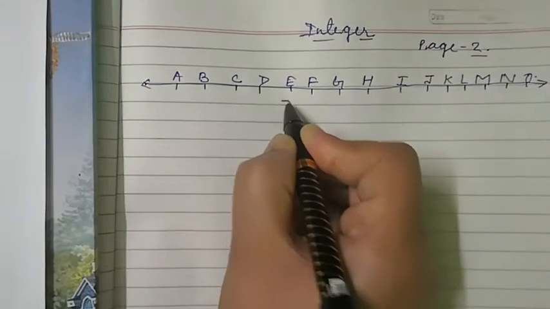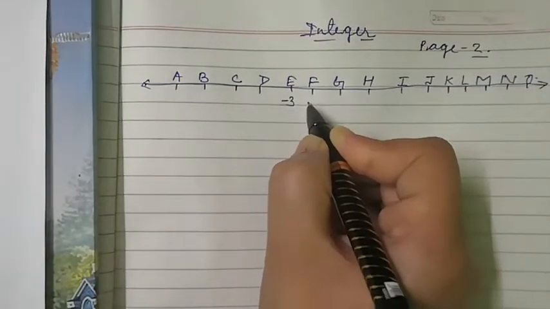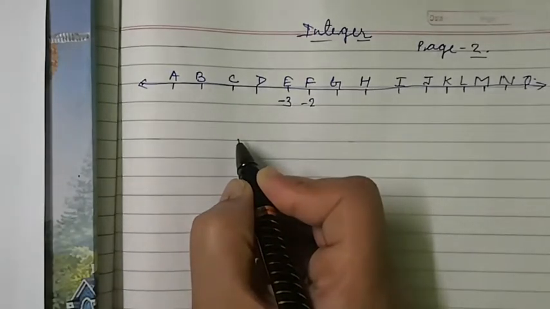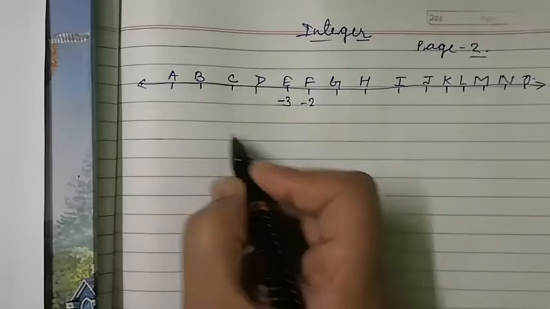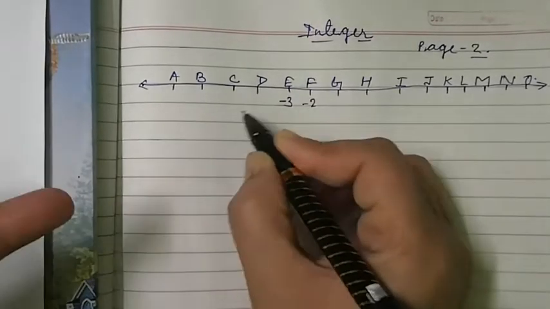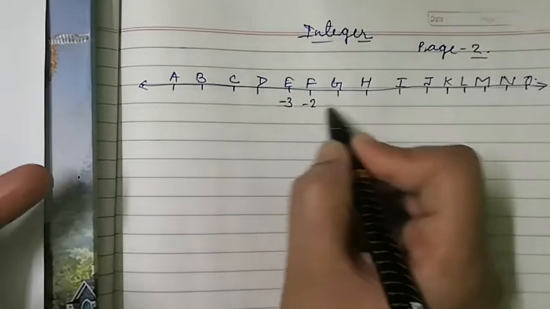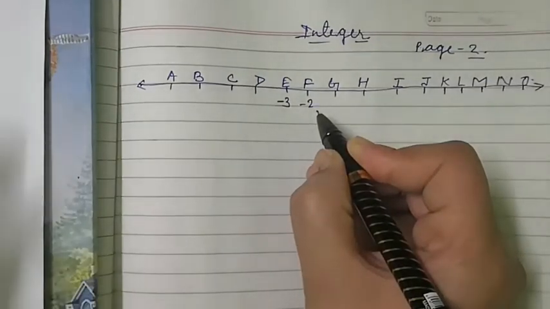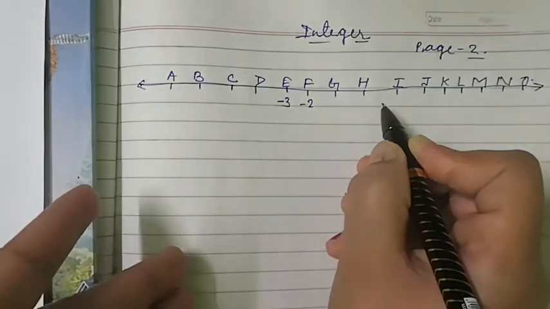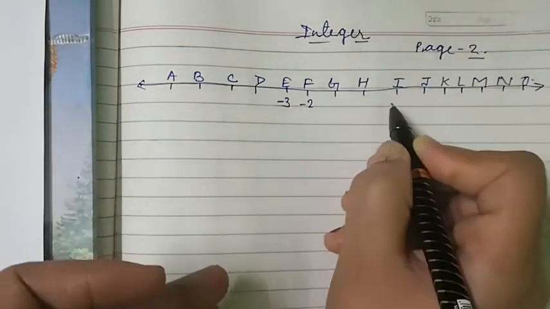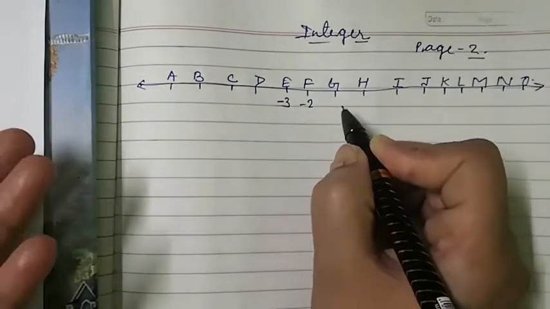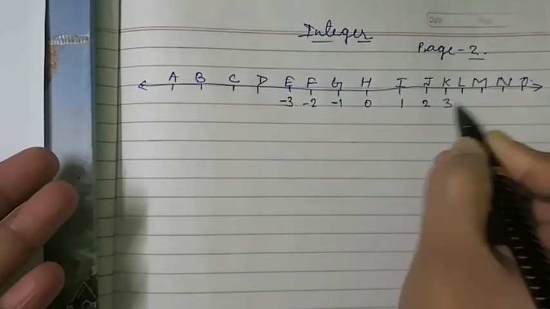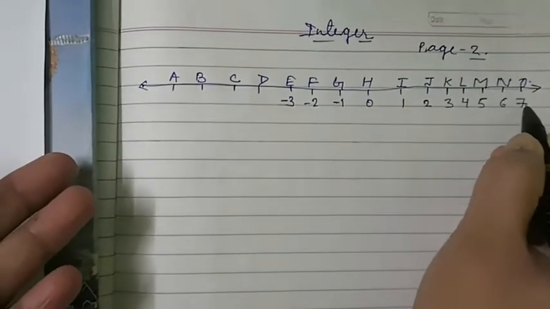In the question, -3 is given below E and -2 is given below F. Now the question is asking what numbers will be B, D, H, J, M and O. Let's complete the whole number line. As you already know from the previous video, when we go to the right side, the value of the number increases: -2, then -1, 0, 1, 2, 3, 4, 5, 6, 7.